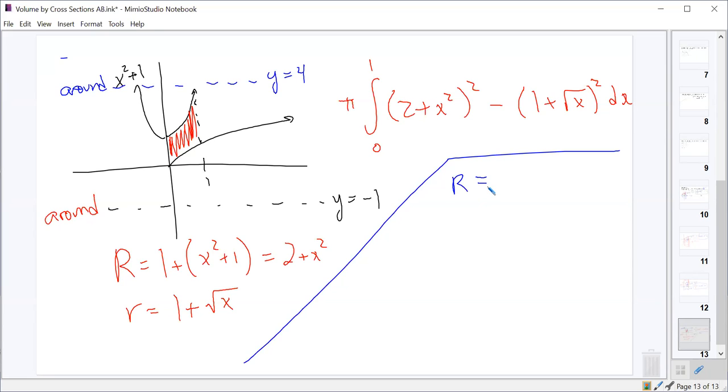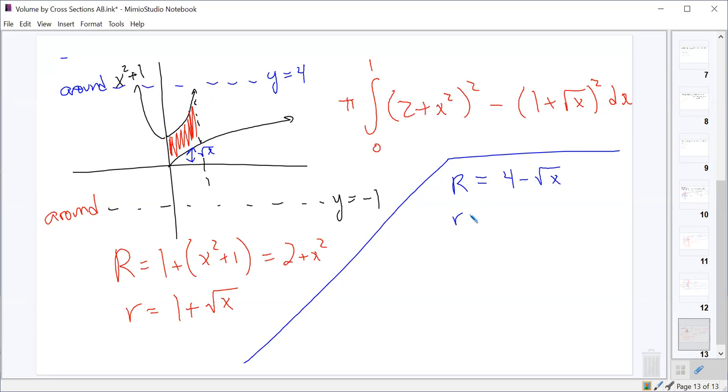Oh, wait, no, we got to look at our lower function now. Yeah, 4 minus this y. 4 minus root x. This is the height of root x, so it's 4 minus root x.